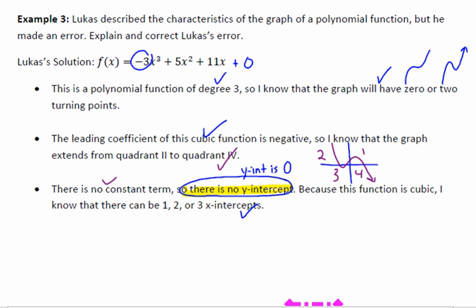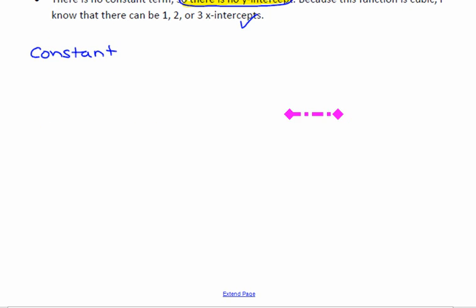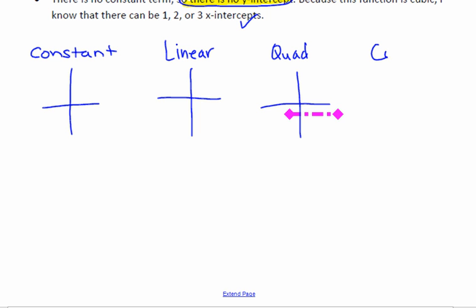All right. So, quick review. What does a constant function look like? Linear, quadratic, and cubic. So if I had a constant, just before you start, what type of line?